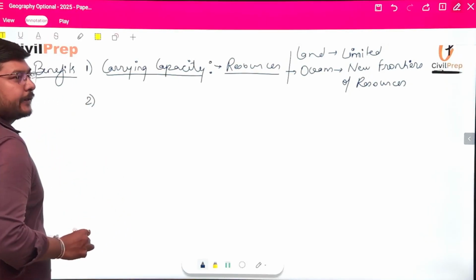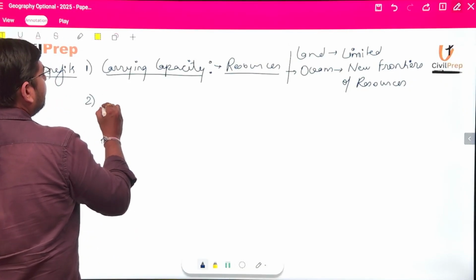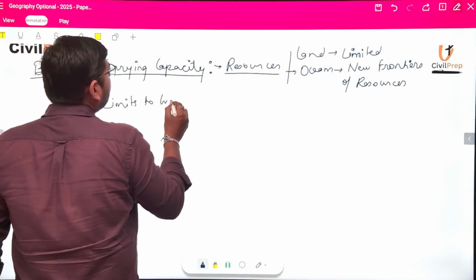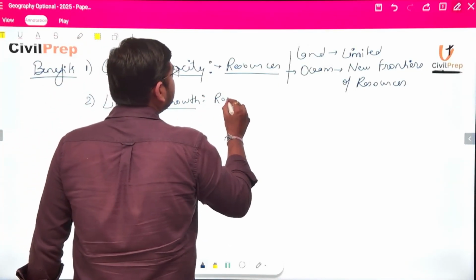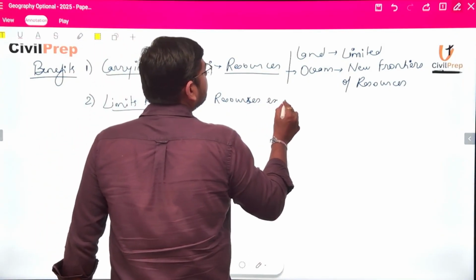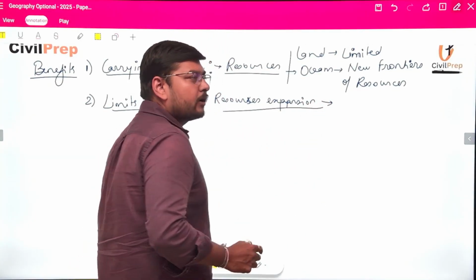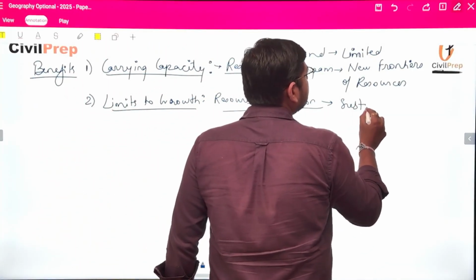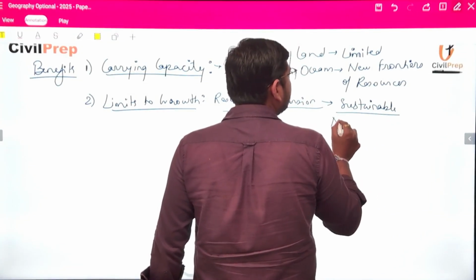Second, we can also look at the limits to growth, where we are looking at resource expansion, to make our system of population, or our world, sustainable and not catastrophic.